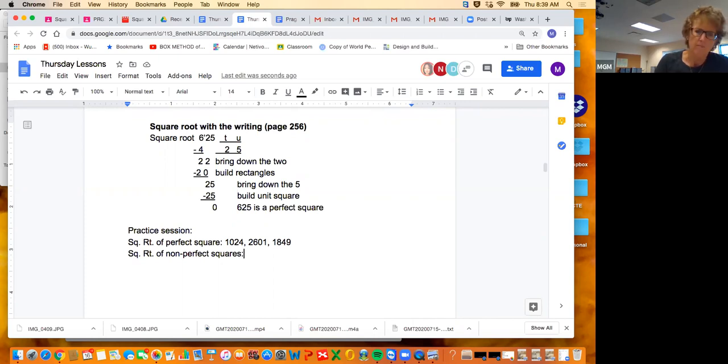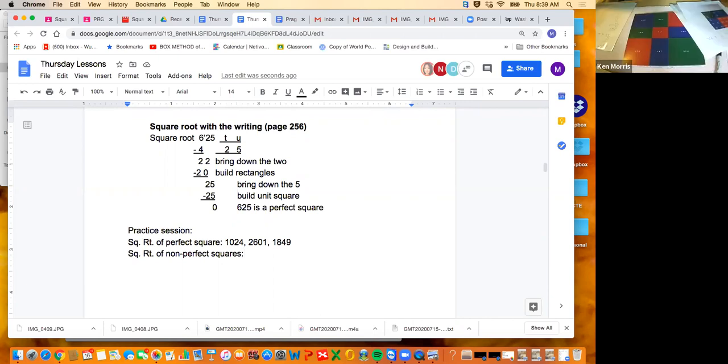I don't seem to have any pre-made ones here for the remainder one, so I'll just give you a bunch and we'll figure it out together. Practice problems for non-perfect squares: 789, 677, and 530.